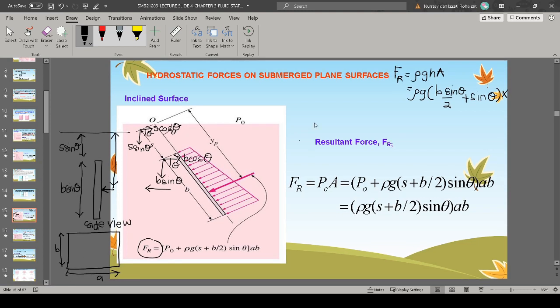So it's a times b. Then you get rho g, b sin theta over 2 plus s sin theta, times a b, which is this formula. Okay, so we got that.